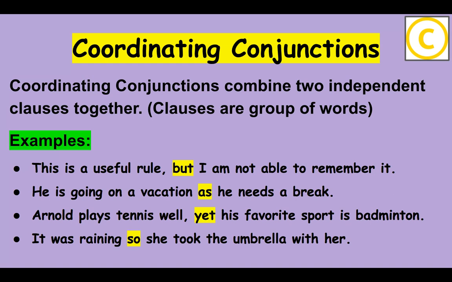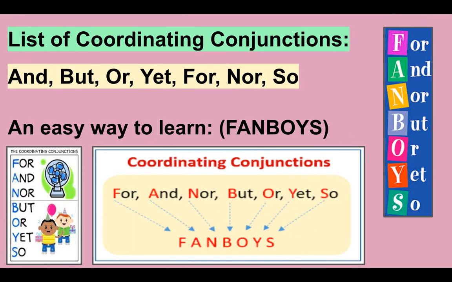He is going on a vacation as he needs a break. Arnold plays tennis well, yet his favorite sport is badminton. It was raining, so she took the umbrella with her. List of coordinating conjunctions: there is an easy way to learn them.